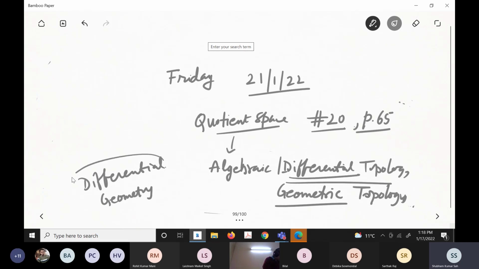So differential geometry nowadays is basically another name for differential topology. Geometric topology is actually a part of differential geometry, you can say, but it also deals with something different. Not only is it differential geometry. In fact, any topological problem where you involve geometry, then you have geometric topology.